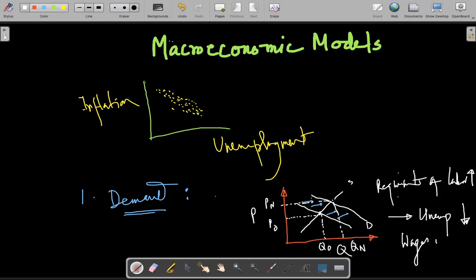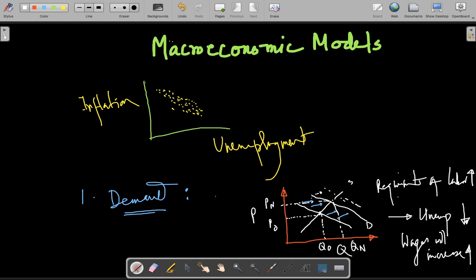That's sort of a good thing to happen. If unemployment is decreasing and wages are increasing, people have a lot of buying power, and when people have a lot of buying power, they will buy more. So the demand curve will shift to the right, and it will create some sort of inflationary pressure.